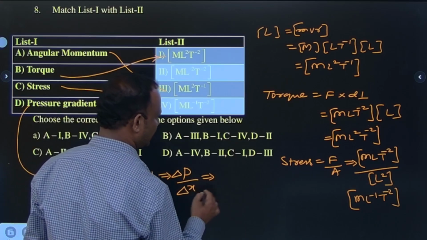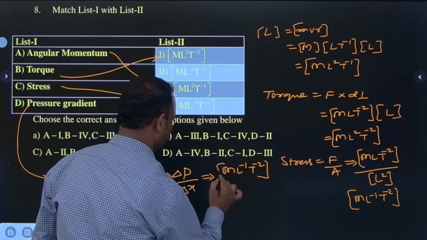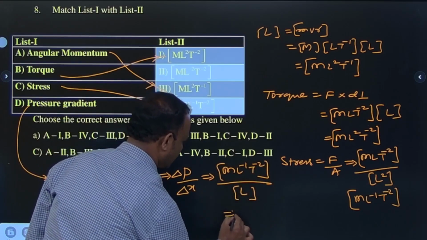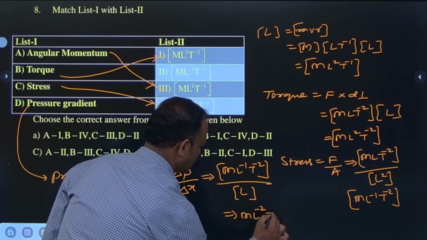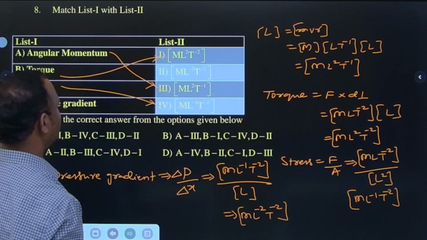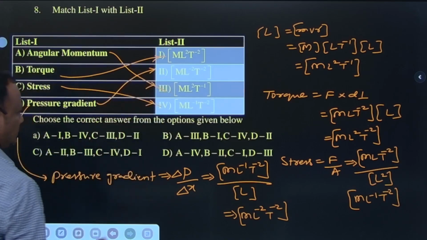Delta P, pressure, is M L minus 1 T minus 2. Delta X is L only. So it becomes M L minus 2 T minus 2. So this will be your answer.